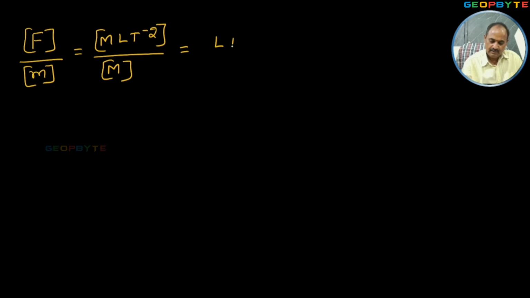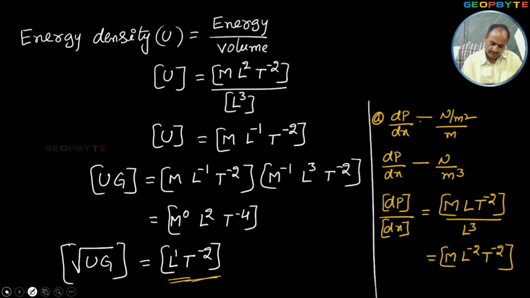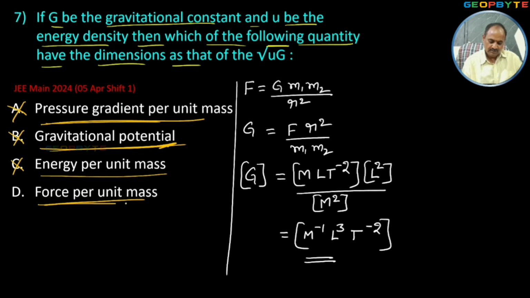We get L T power minus 2, it is L power 1 T power minus 2. That is the dimensional formula for force per unit mass. Therefore, the force per unit mass dimensional formula is equal to root over UG. Option D is absolutely correct. Understood clearly? Yes.